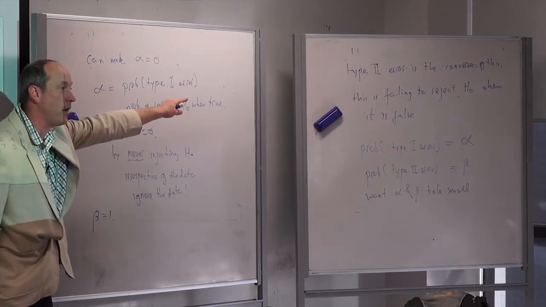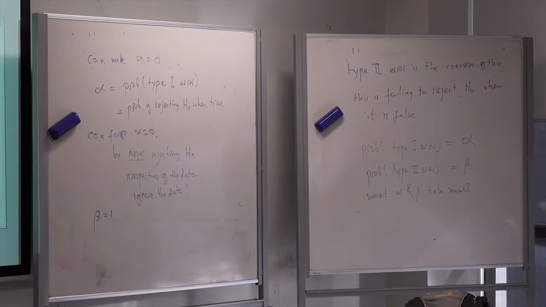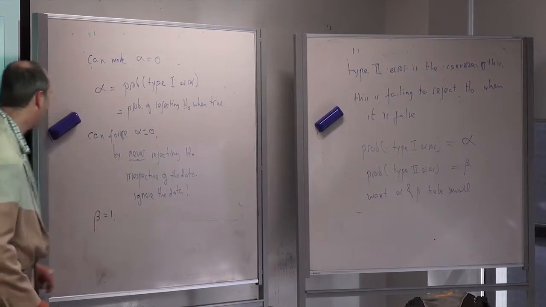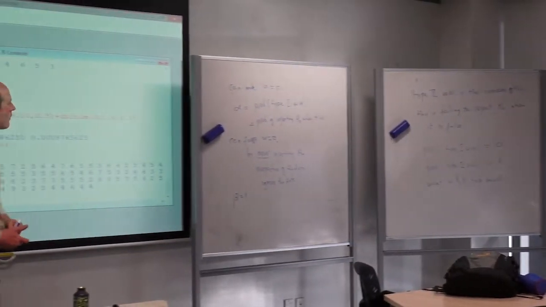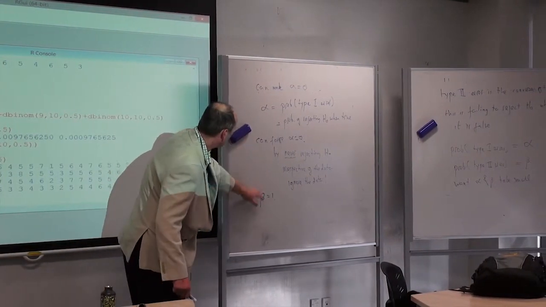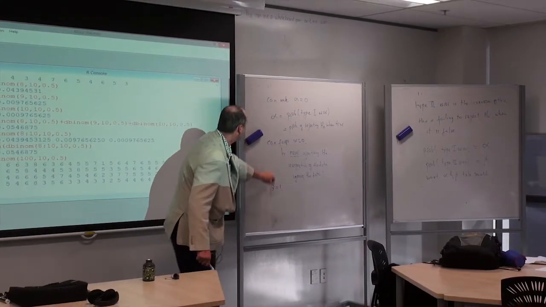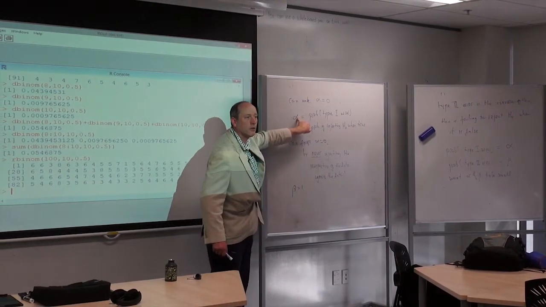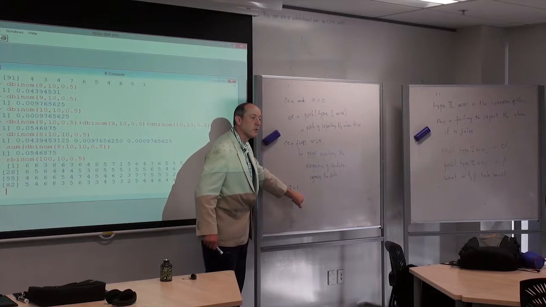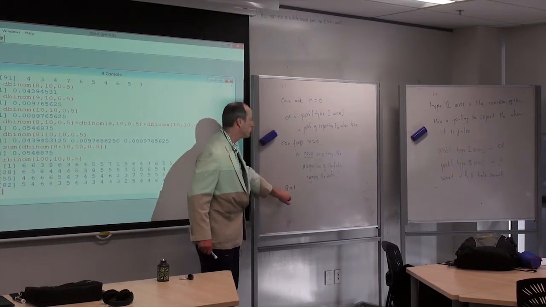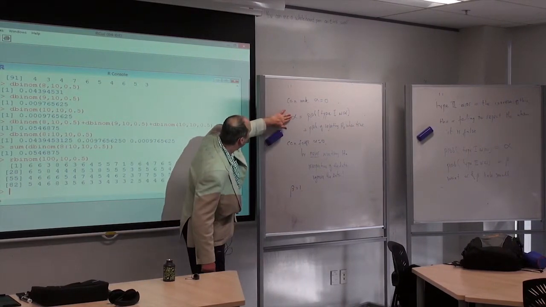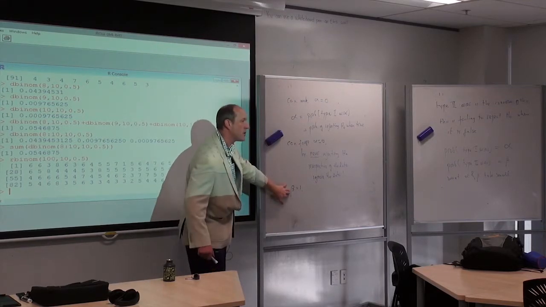I can't commit a type 2 error, because type 2 error is failing to reject it. And if I never reject it, I can never make that type of error. So alpha equals 0 means that beta equals 1. So yes, I can control it, but it bites you on the arse because you've got a beta equals 1 here. So you've taken all your error and taken it away from here and dumped it onto here.